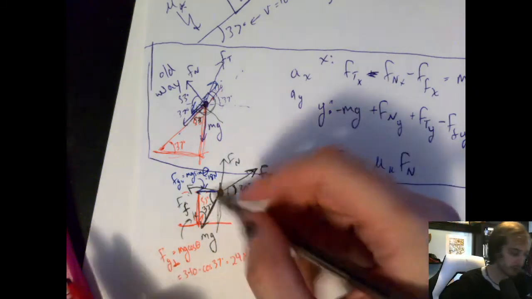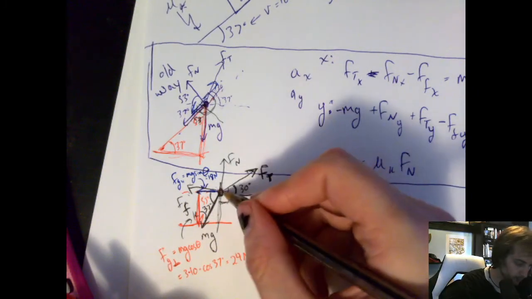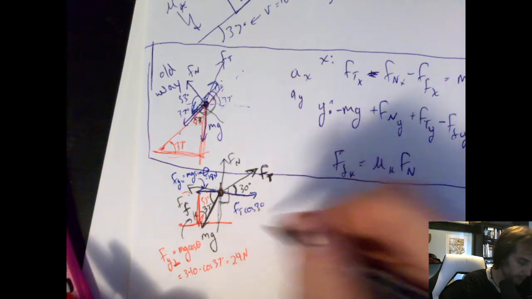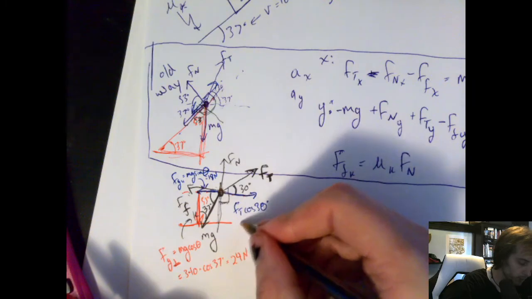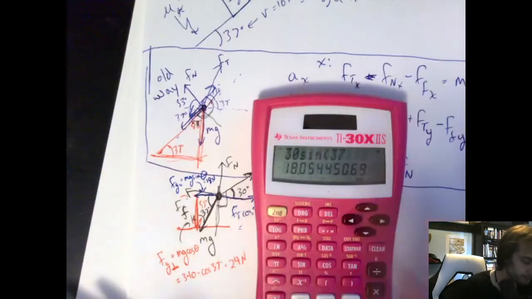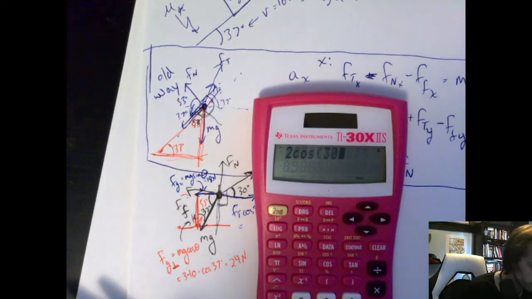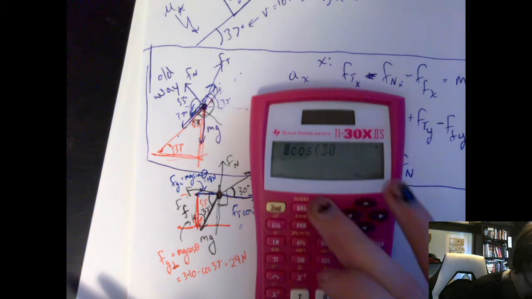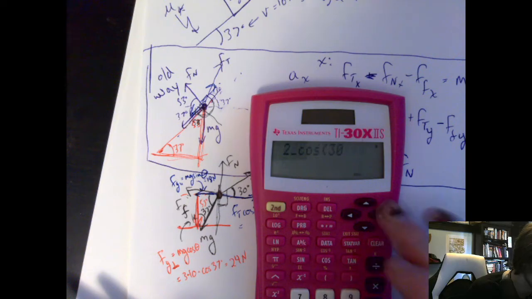If I do the same setup for tension, we'll have Ft cosine 30. So 20 times the cosine of 30, which is not going to be particularly close to a whole number. Oops, I guess I could have just multiplied by 10, but that's fine.